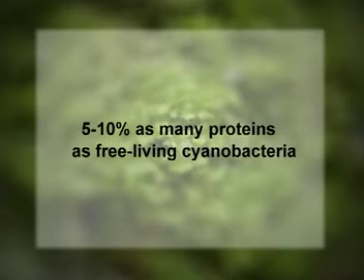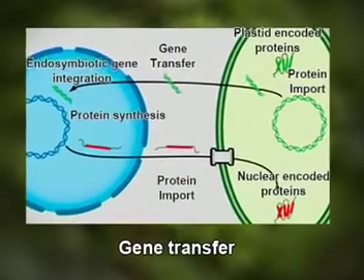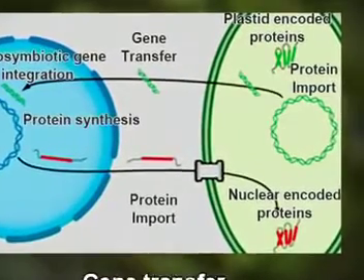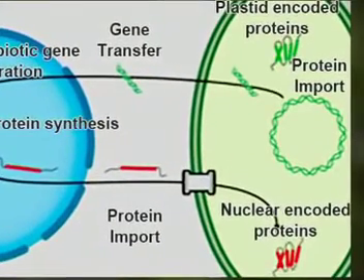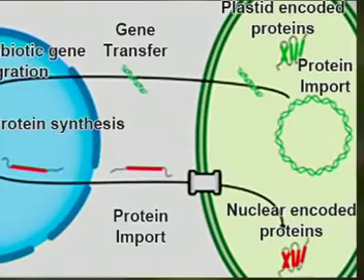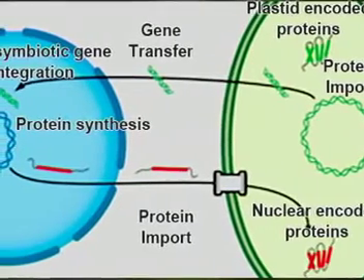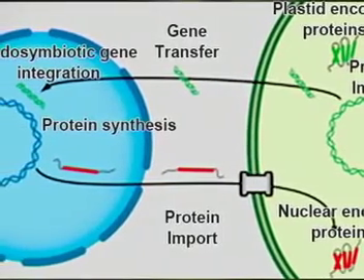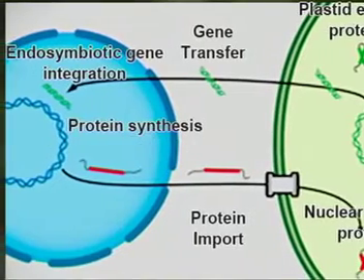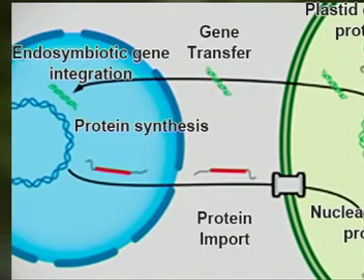This discrepancy is due to the fact that many of the genes have been transferred to the host nucleus, and a complex transport system has evolved where proteins required by the organelles are encoded by the host cell nucleus and then transported into the organelle, a phenomenon known as endosymbiotic gene transfer.